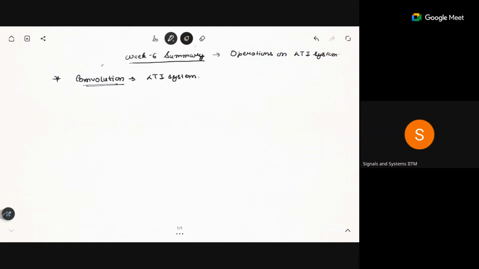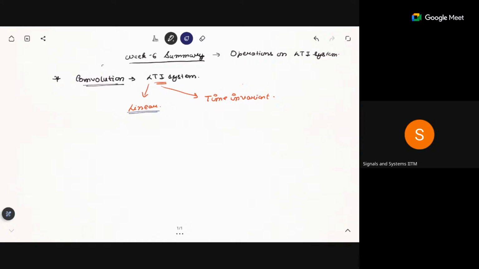In LTI, L stands for linear and TI stands for time invariant. So what is linear, when is the system linear? You must have noticed in week 5 that you have shifted from signals to systems.